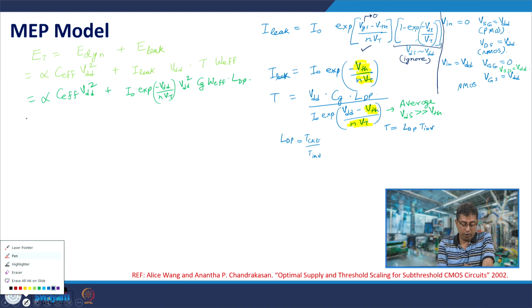Now, if you want to find out the minimum value of energy, what is the supply voltage for which the energy assumes a minimum value?